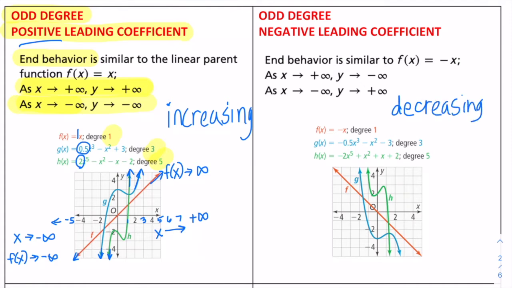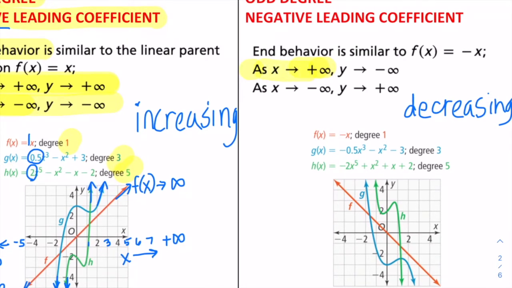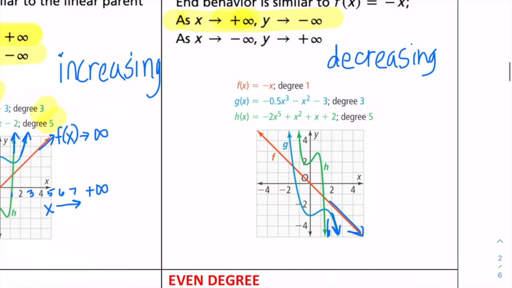So over here, as x approaches positive infinity, as we go further to the right, you can see that all of these functions are going down to negative infinity. They're going down, down, down as we keep going to the right. So as x approaches positive infinity, f of x is going down to negative infinity. Right? That's going to be decreasing. But if we go over to the left side, to the end behavior, and we say, well, what happens when x approaches negative infinity?